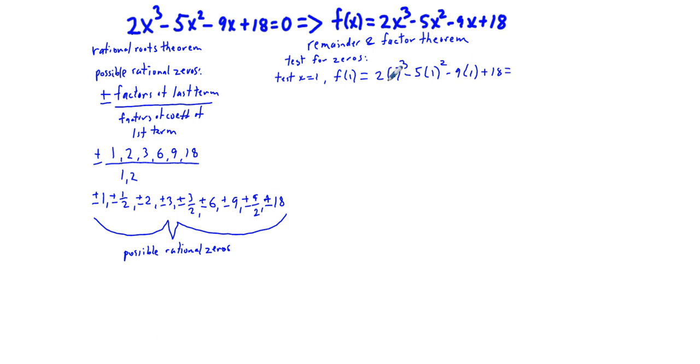Simplifying, we have 2 minus 5 minus 9 plus 18. 2 minus 5 is negative 3, minus 9 is negative 12, and negative 12 plus 18 is 6.